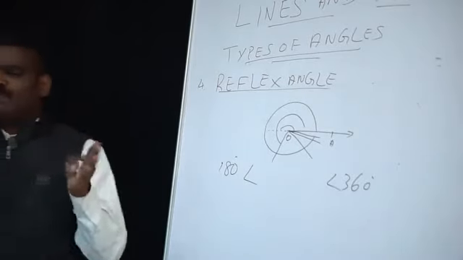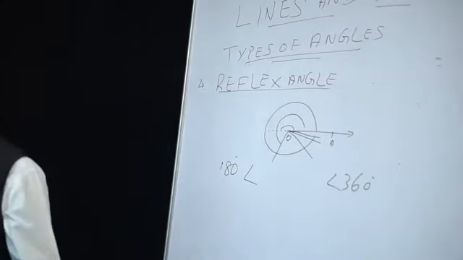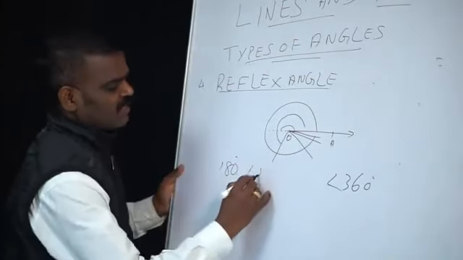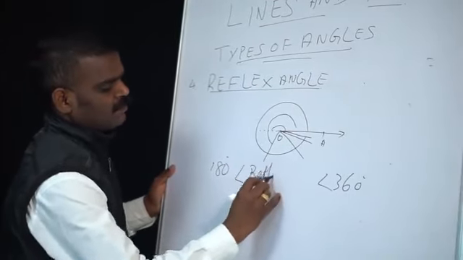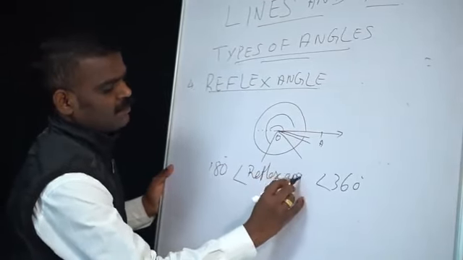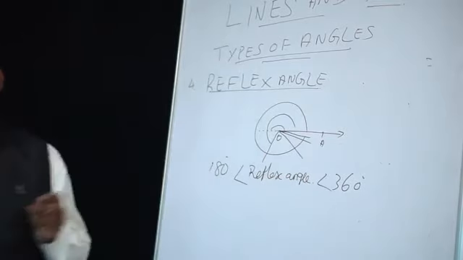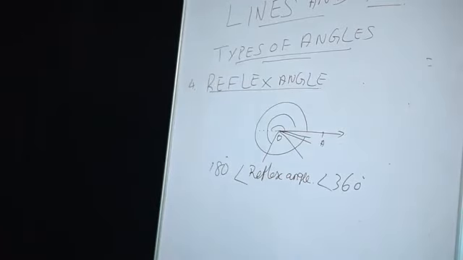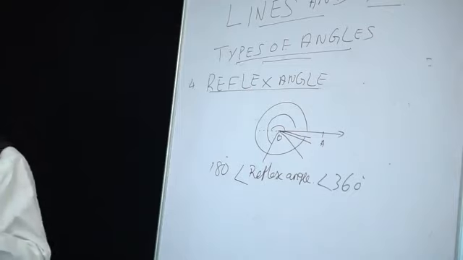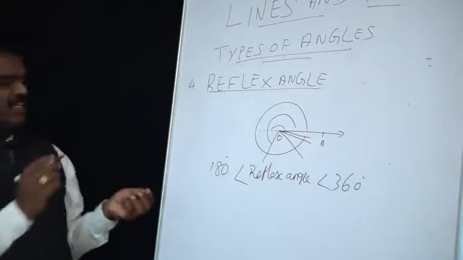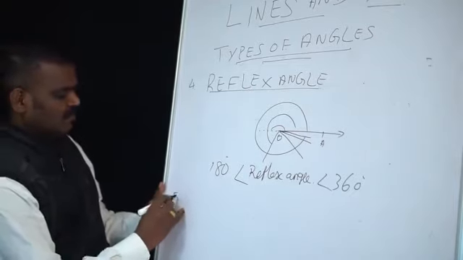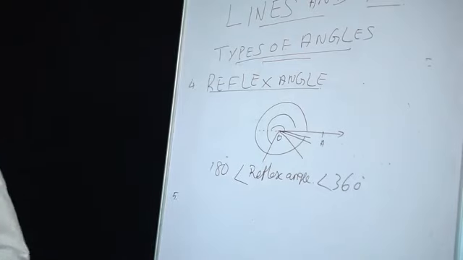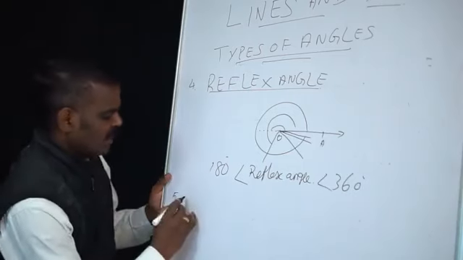Any angle that comes in between 180 degree and 360 degree, then it is called what angle? Reflex angle. Reflex angles. Clear? Clear about reflex angles? Okay. Now, we will go for what angle? Complete angle.